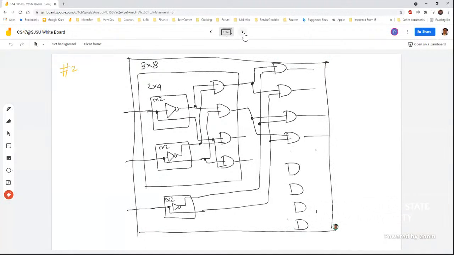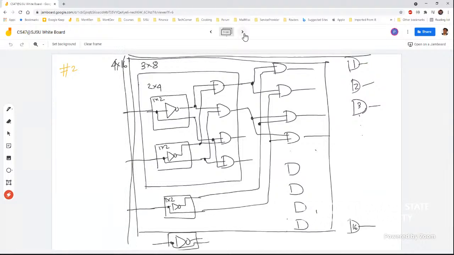If we want to extend it to a 4/16 line decoder, we bring in another inverter or 1/2 line decoder and combine with 16 AND gates, 1, 2, 3 till 16, into a big 4/16 line decoder.